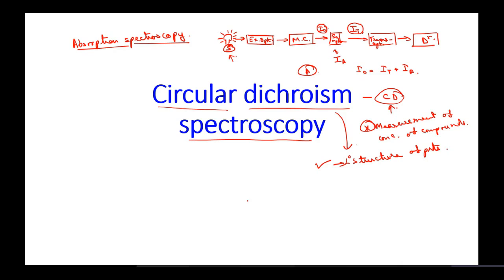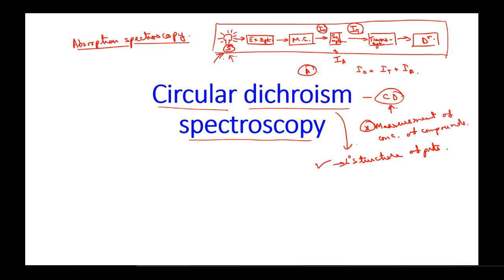Already as I told you, CD spectroscopy is a variant of the absorption spectroscopy. So when we look into this CD spectroscopic system, we will find that there are subtle variations in this architecture.